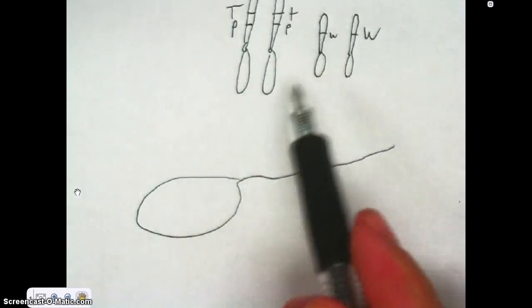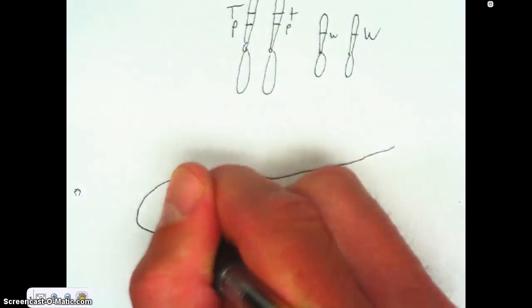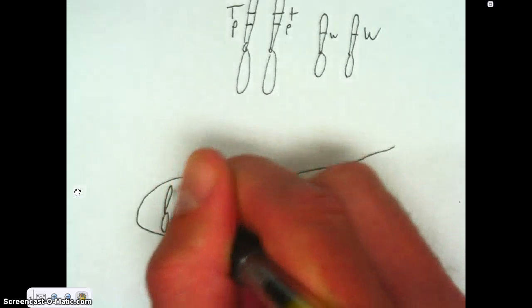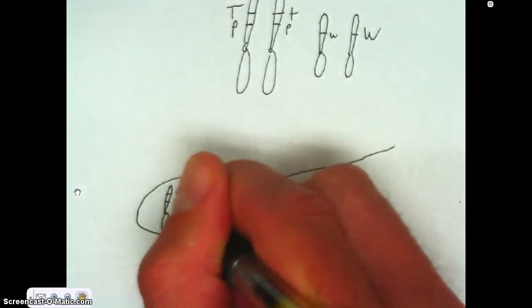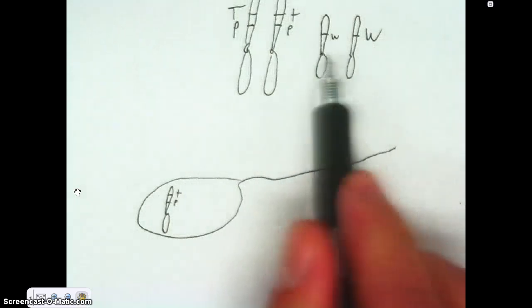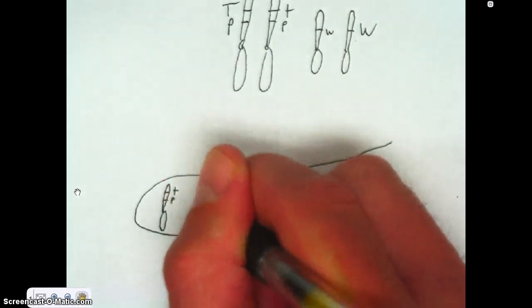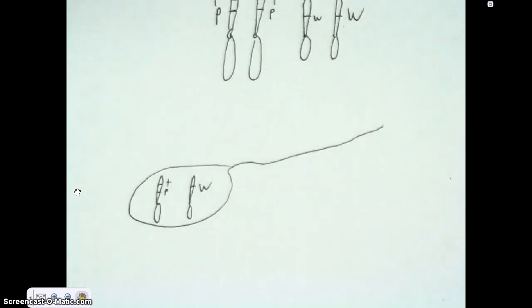I'm going to pick this one randomly to put into this sperm. So here's that chromosome. There's the little t. There's the little p. I randomly am going to pick one of these two chromosomes. I'm going to pick the one that's got the big W on it, and I'm going to put it into here. I just did Mendel's law of independent assortment.